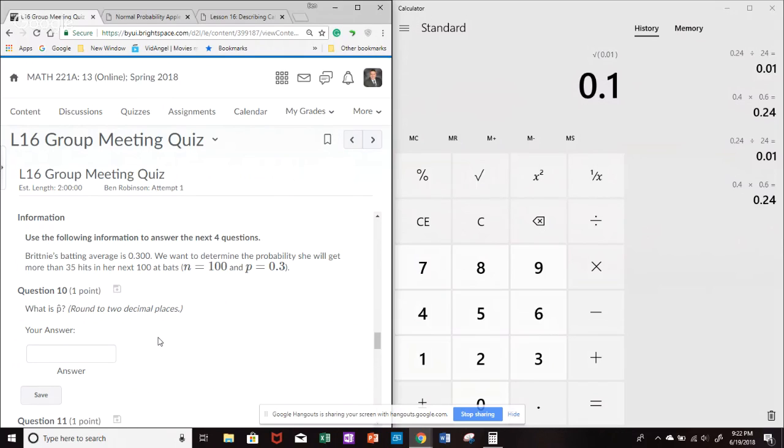Number 10. Use the following information to answer the next 4 questions. On average it is 0.300. We want to determine the probability to get more than 35 hits in her next 100 at bats. n equals 100 and p equals 0.3.